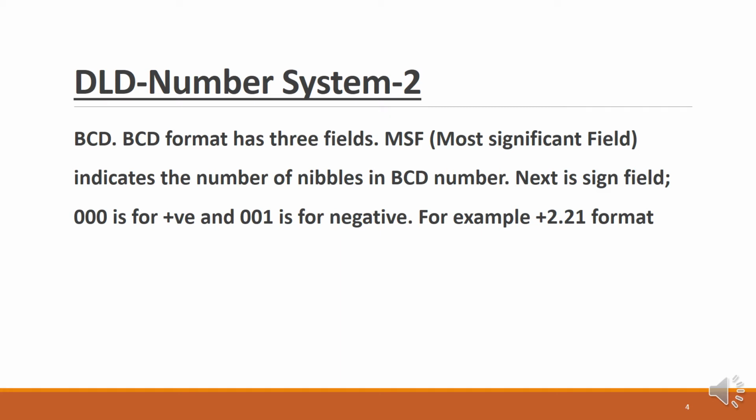Now in BCD format, it has got, I will say, 5 fields. We'll see the fields. The most significant field indicates the number of nibbles in the BCD number, that is, how many nibbles are there in that BCD number.